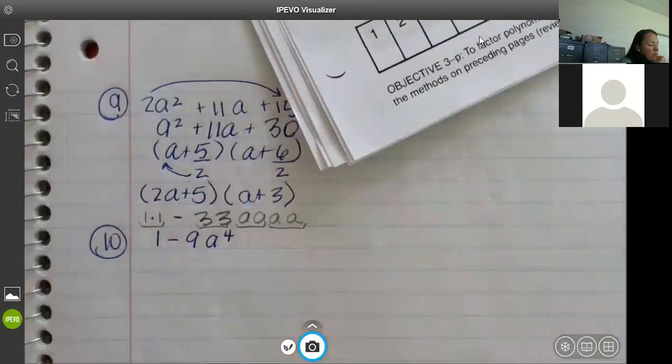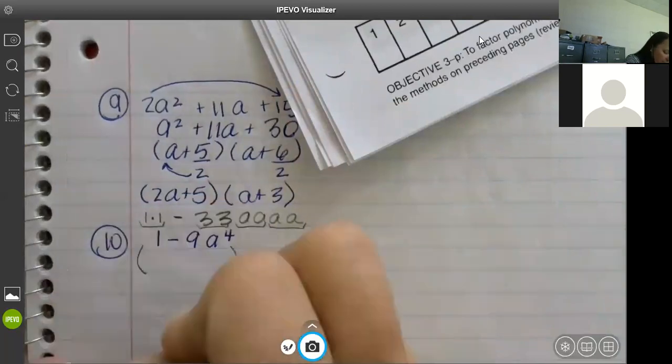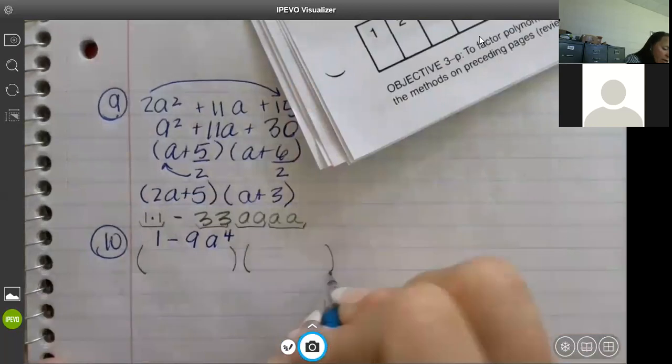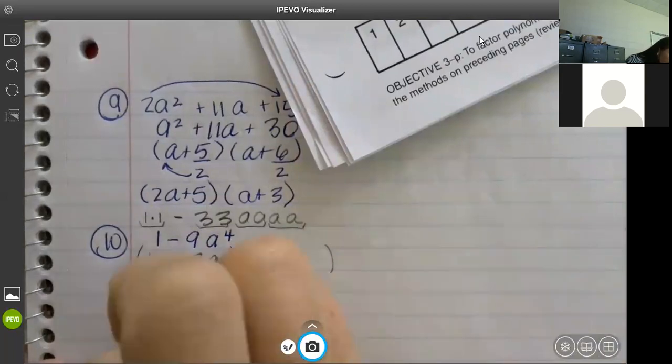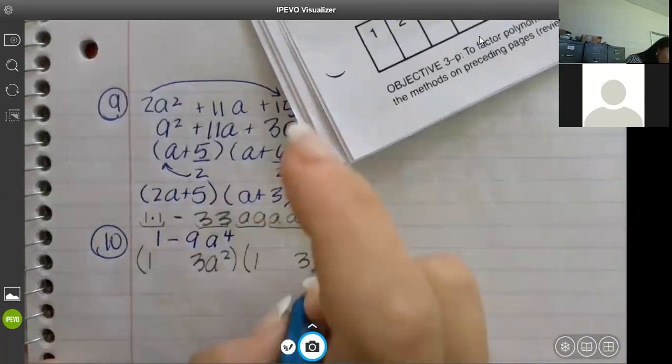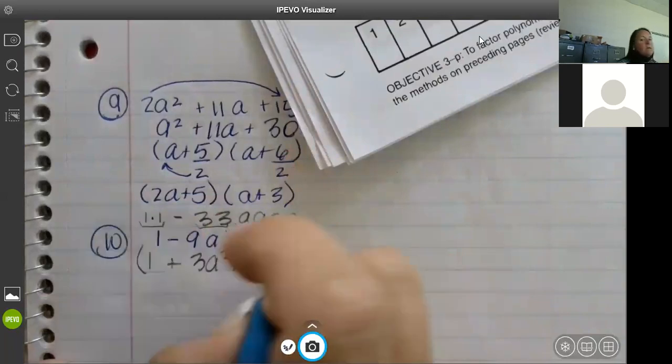Okay. So you're going to do the same thing you did, pairs and share. So we're going to share it. In the front, we're going to share a 1. In the back, a 3 and 2 a's. 1 is positive, 1 is negative.